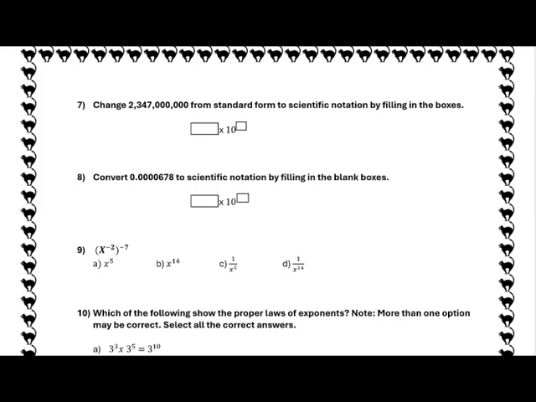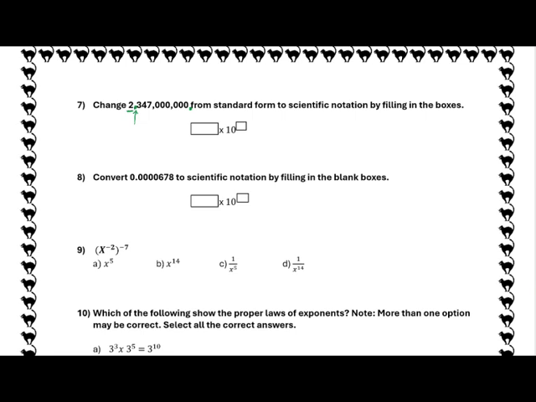All right, number 7. Change this big number from standard form to scientific notation by filling in the boxes. Well, I know for scientific notation, if I don't see the decimal, it's always at the end. And where I need it to be is right here, so that there's only one digit to the left of that decimal.